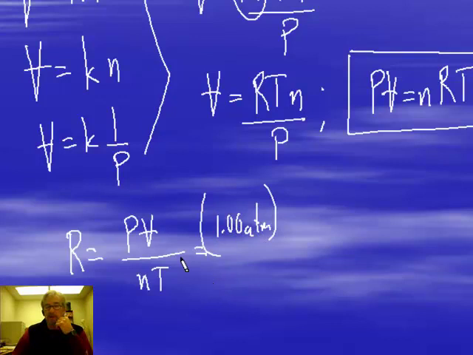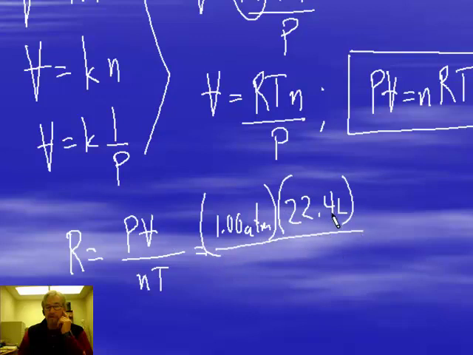The volume we're going to use, well, let's pick 22.4 liters. Why 22.4 liters? Because remember, that's standard molar volume. That's the volume associated with 1 mole. So for N, we're going to put 1 mole. And the temperature we're going to use is standard temperature, which is 273 kelvins.